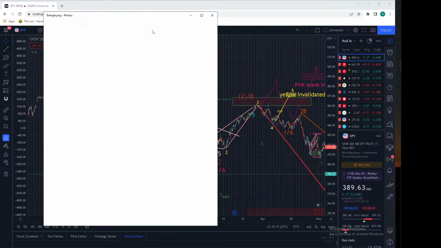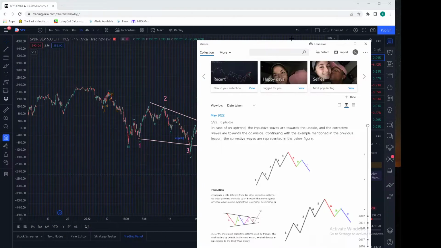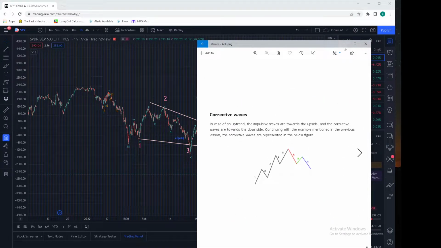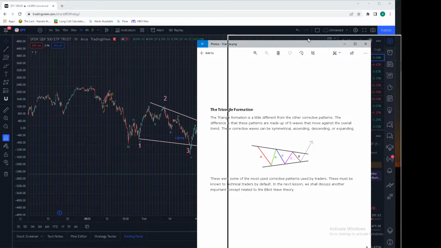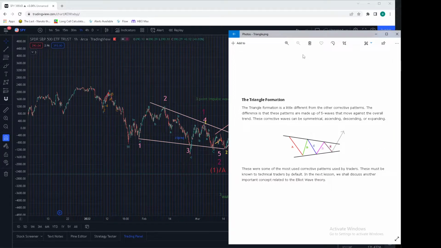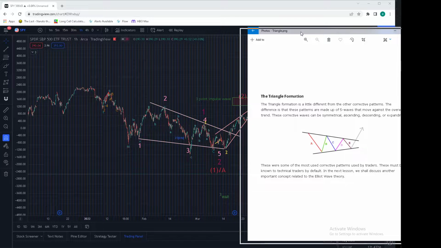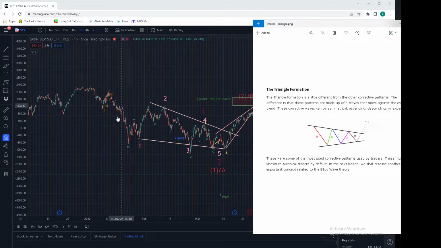Right here. This is a leading diagonal. This is exactly what played out here, but I have it charted as a 1 through 5 leading diagonal wave, but it could easily be ABC too.